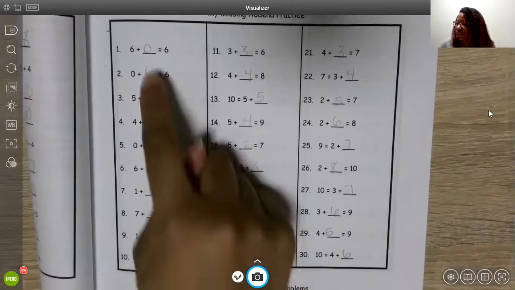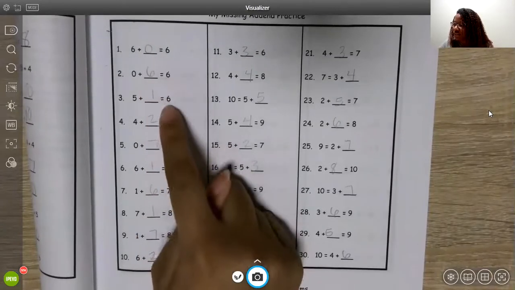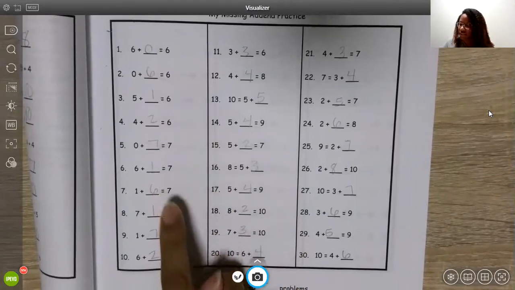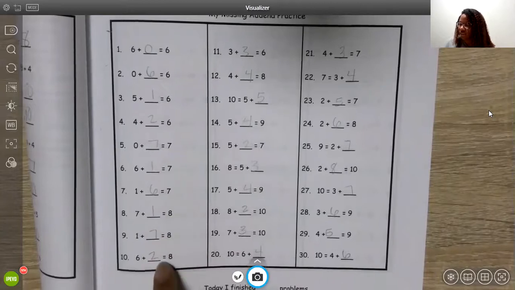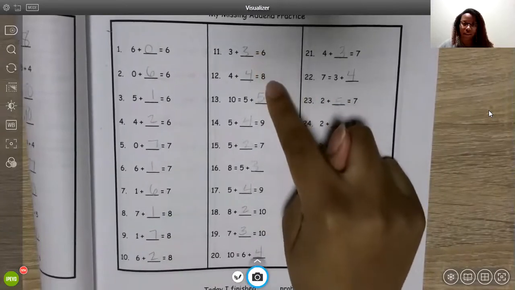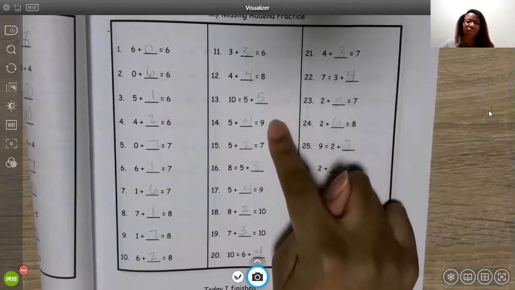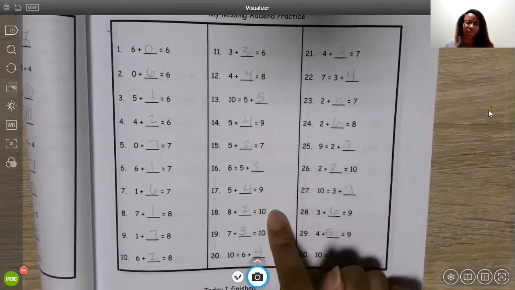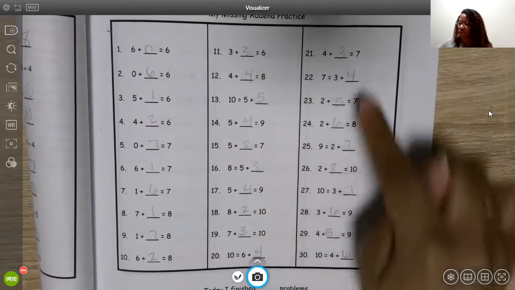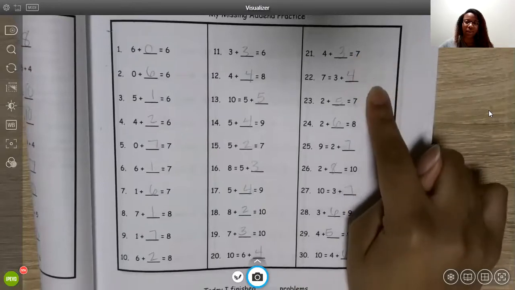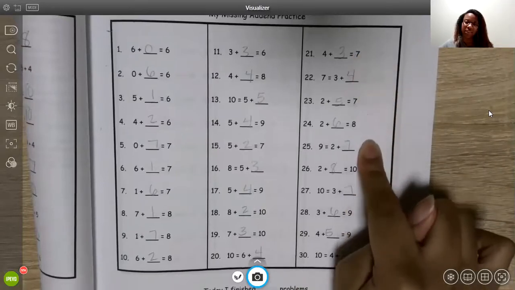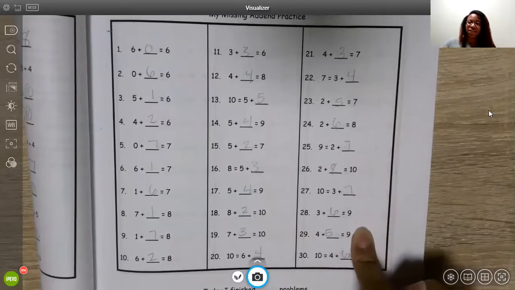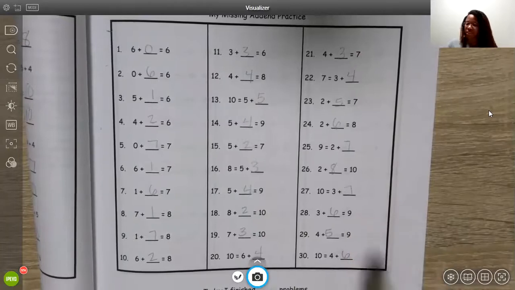So number 1 is 0, 6, 1, 2, 7, 1, 6, 1, 7, 2, 3, 4, 5, 4, 2, 3, 4, 2, 3, 4, 3, 4, 5, 6, 7, 8, 7, 6, 5, and 6.